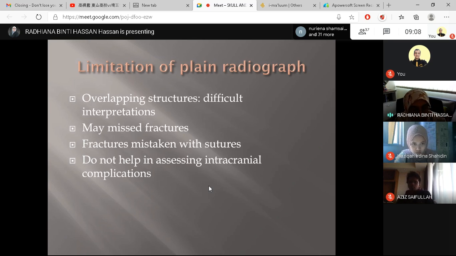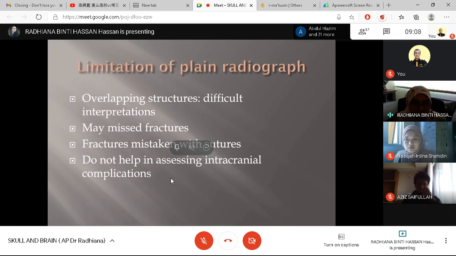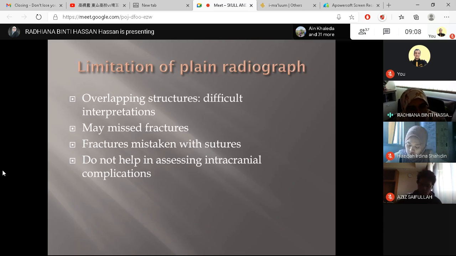But a few years back, they allowed housemen to do emergency posting for their first posting, and we started to receive many requests, especially for pediatric patients with history of fall, for CT brain to delineate the fractures, because many times the housemen are not very familiar. When they look at the skull radiograph, they always diagnose all the sutures to be fractures.